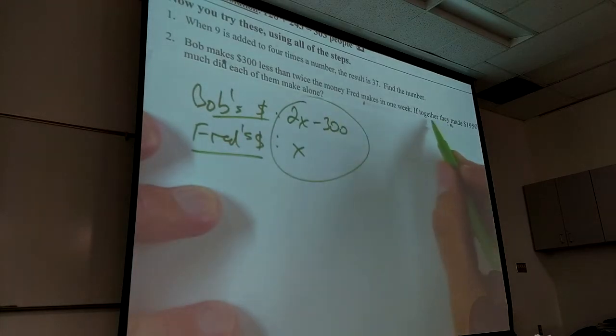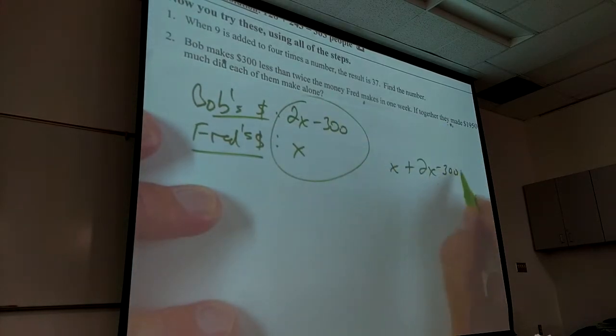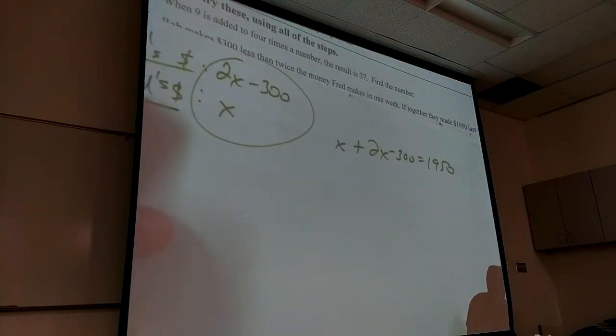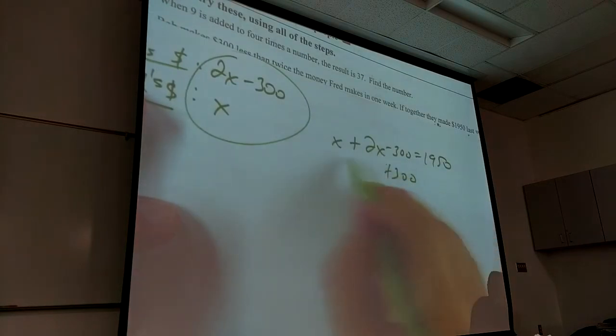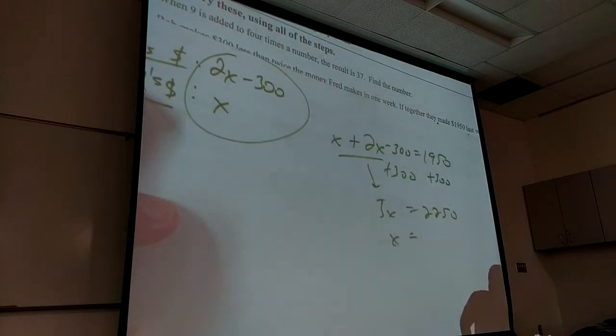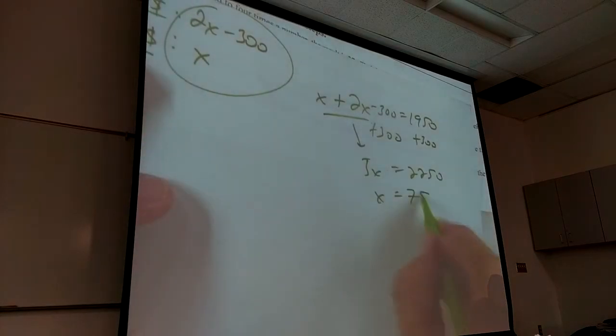And then what do I do with these? When I add them together, Fred together with Bob made 1950, and now should be the easy step. Add 300, x and 2x is 3x, add 300, 2250, x will be 750.